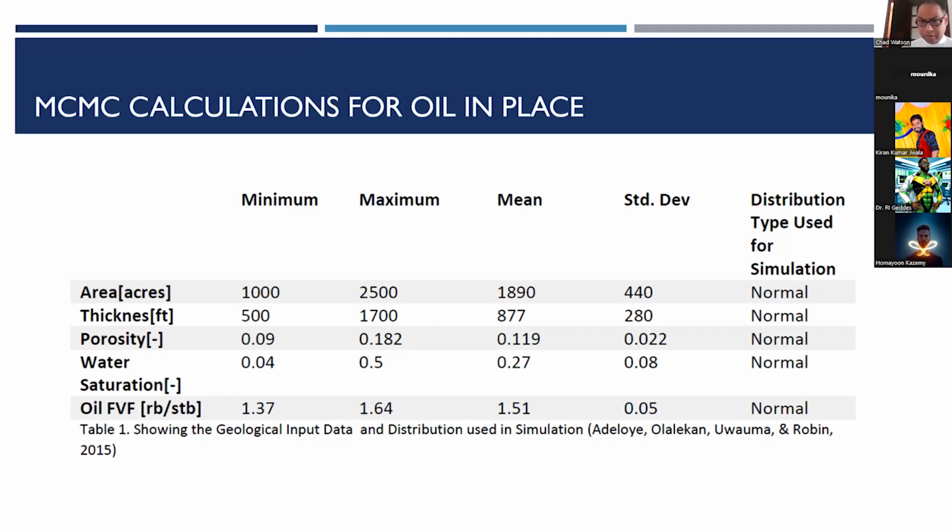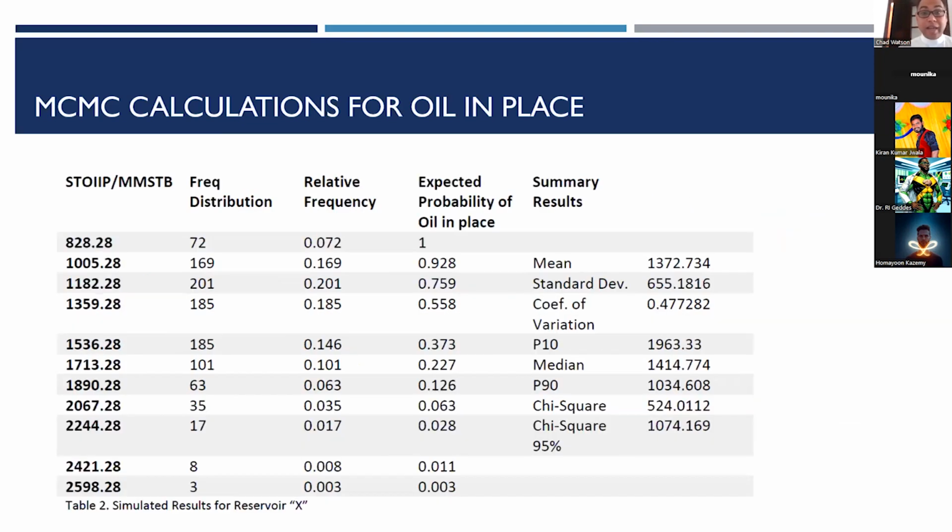So it's easier to fit a normal distribution to that. But it doesn't have to be normal. You could put the other distributions in there and change it. You could put the triangle or the uniform, which makes the computation a lot easier, for instance. So based on that, this is what was done for the MCMC calculation.